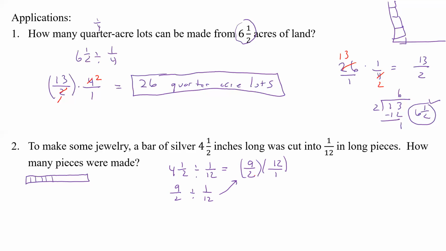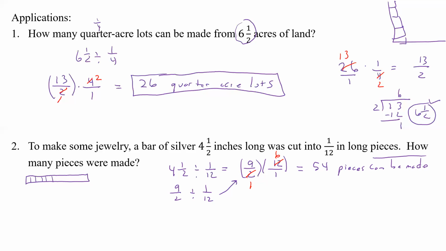When we do that, 2 will go in here once, 2 will go in here 6 times. Now we have 9 times 6, which gives us 54. 1 times 1 is 1. So 54 pieces can be made.